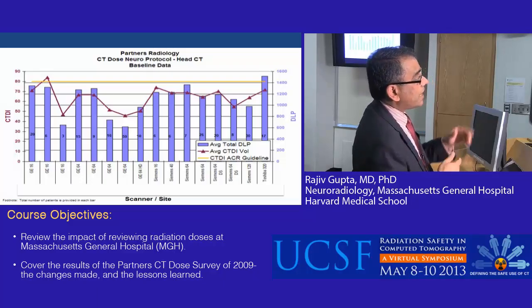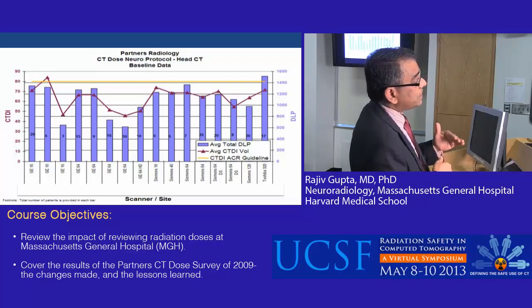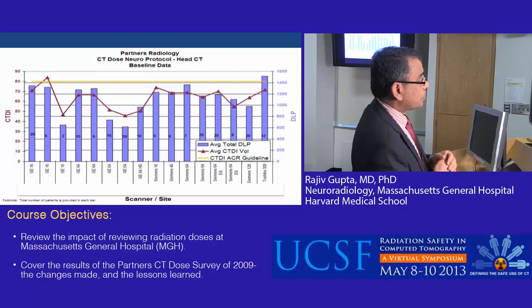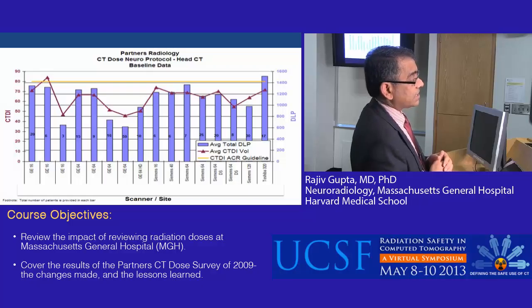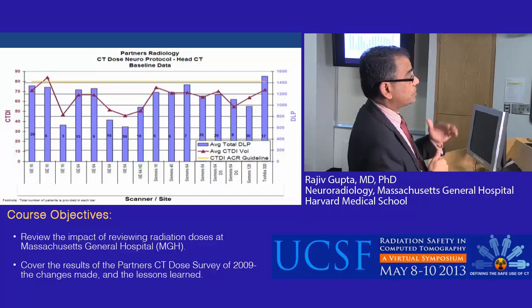The CTDI value is given as the red curve. And what you see is that there is large variation both in the DLP as well as in the CTDI. For the CTDI, the value goes from something like 45 at the lowest level to over 80 at the highest level, nearly a 100% increase in dose from the lowest to the highest.